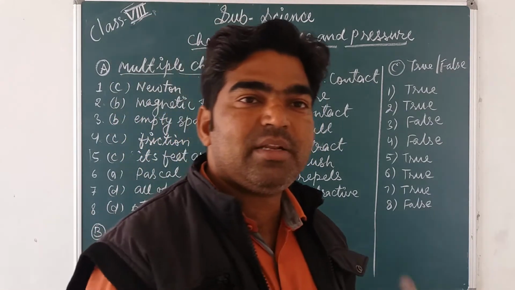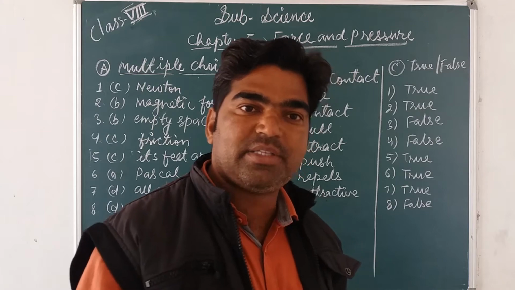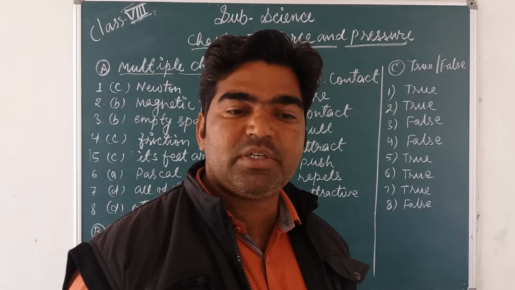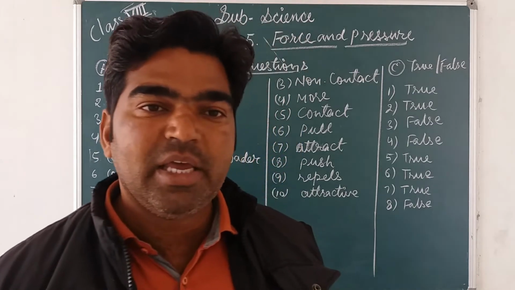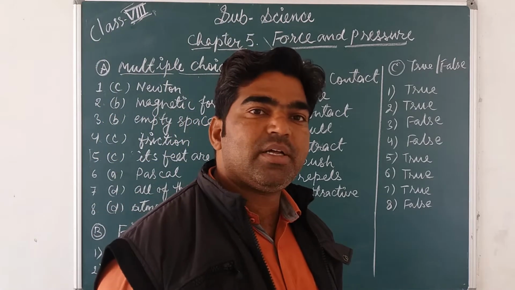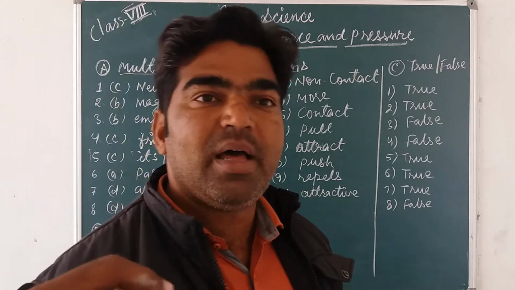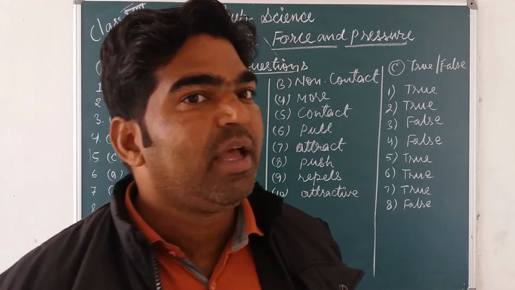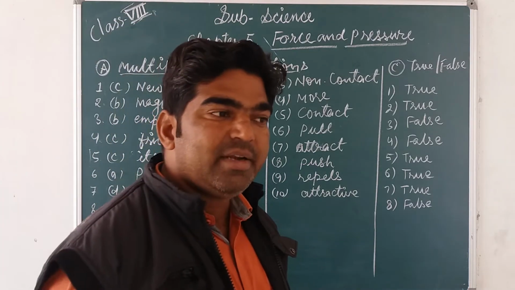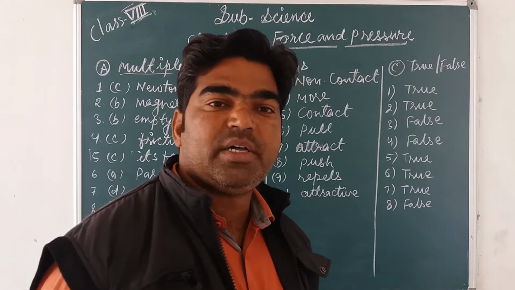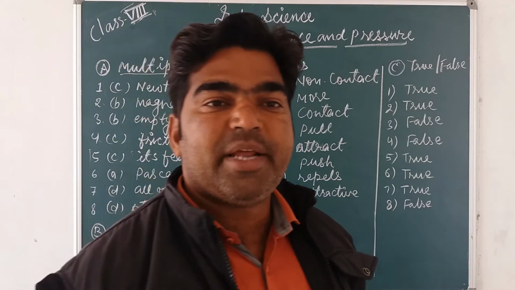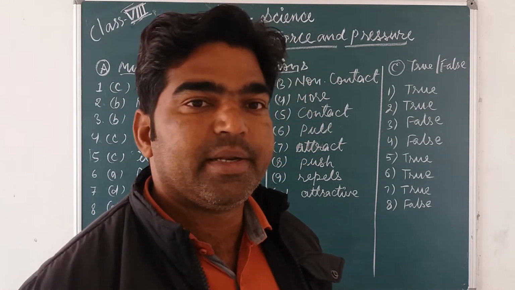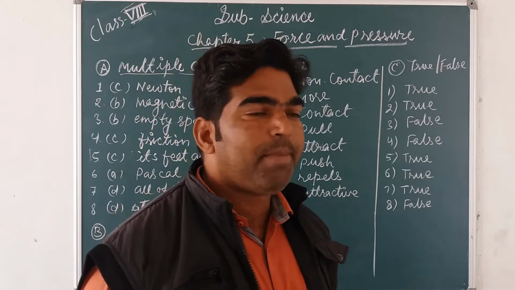But in this chapter, pressure is force per unit area. The formula for calculating pressure is force divided by area. The SI unit of pressure is the Pascal, or Newton per meter square. Newton per meter square is known as a Pascal.